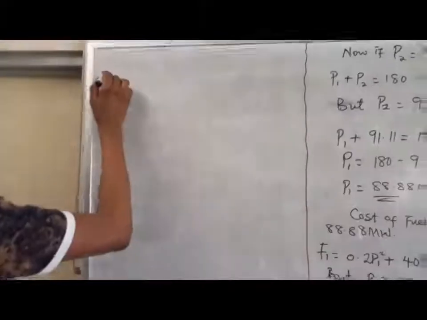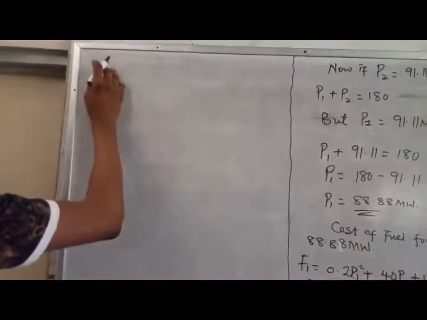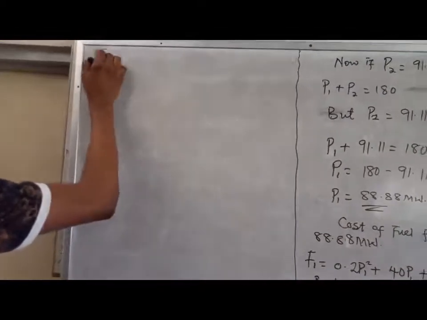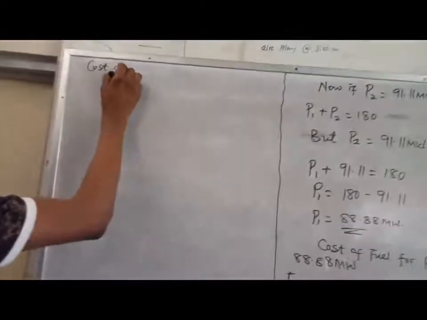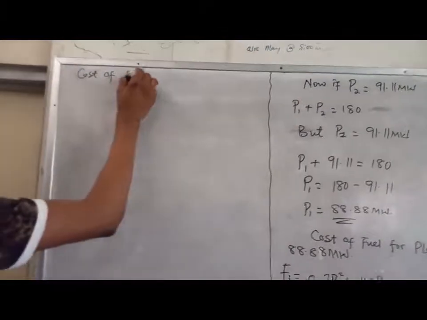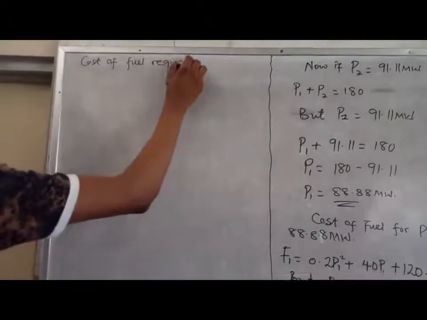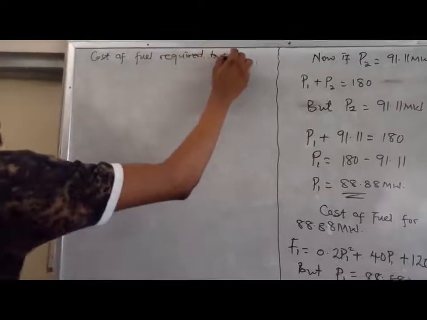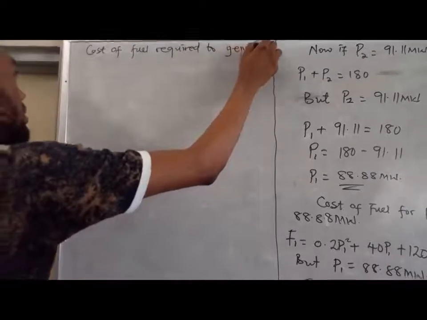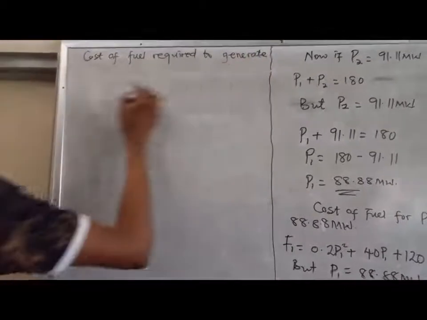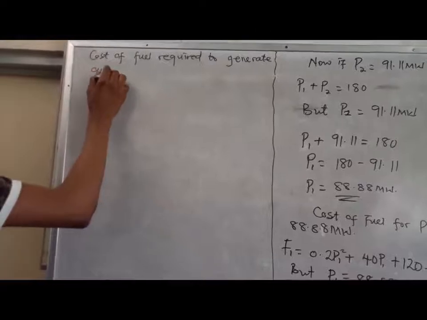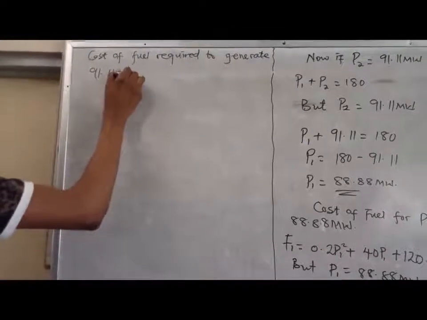Now let's also see the cost of fuel when plant 2 will generate an output of 91.11 megawatts.